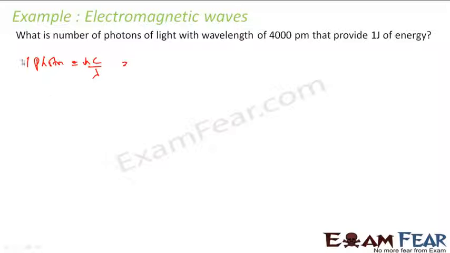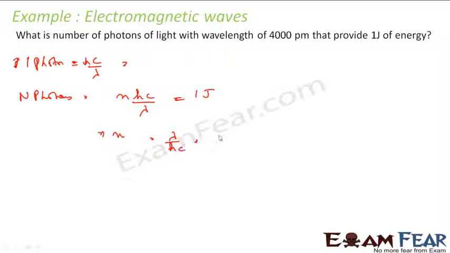Now n photons will provide n hc by lambda energy, and that is equal to n times 1 joule. We have to find the value of n. So n is nothing but lambda by hc.